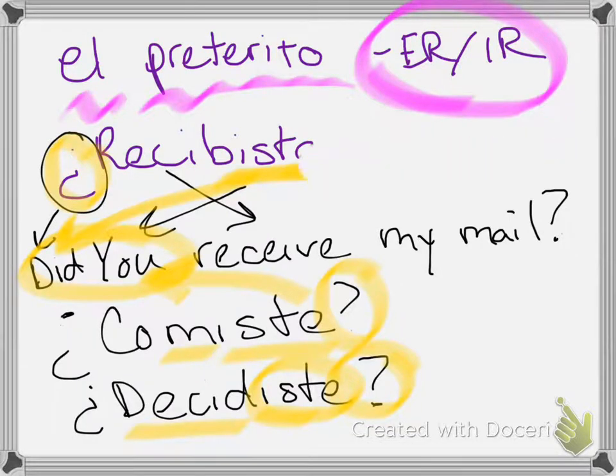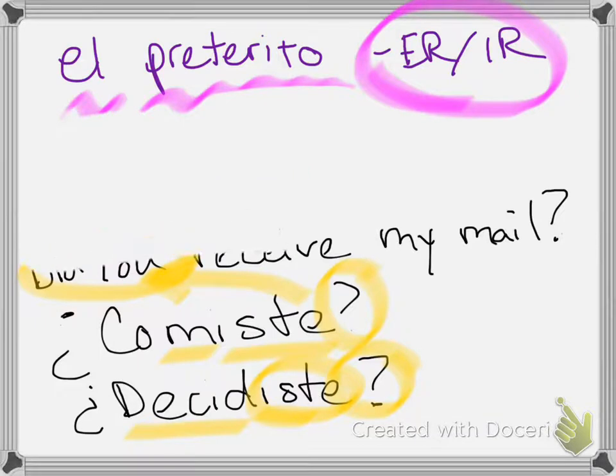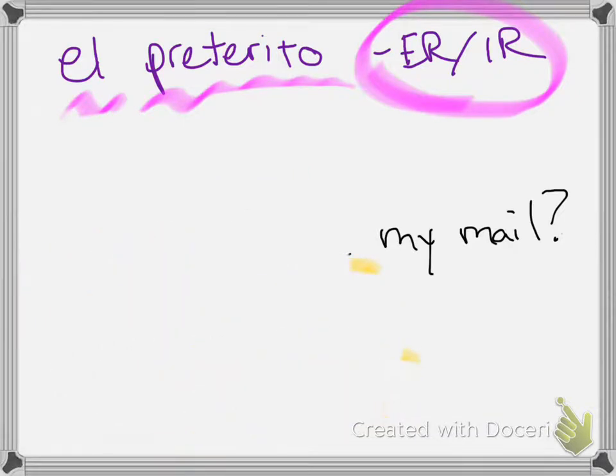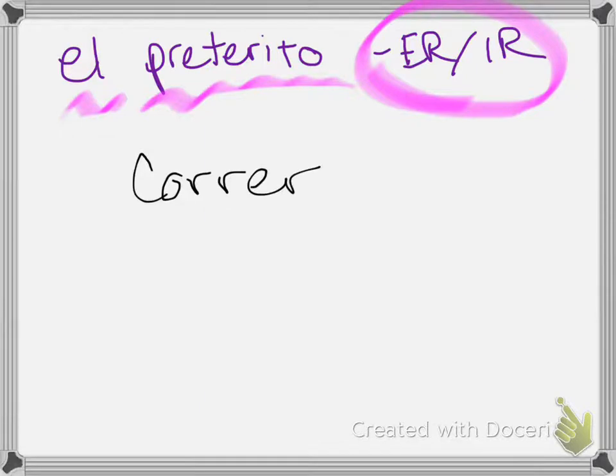Let's look at some others. So let's look at some verbs. So for example, if I have like the verb correr, right? Correr. And I want to say he, so él. I'm going to first take off the ER, and then I'm going to replace it, right?